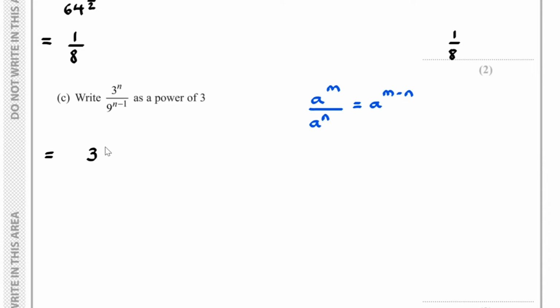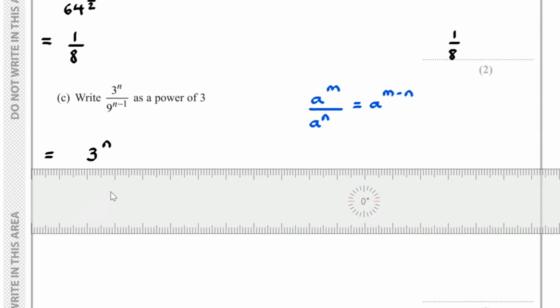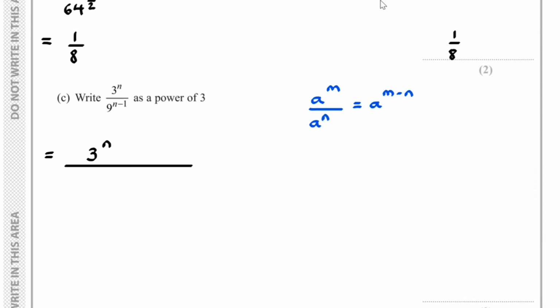Now, if I have 3 to the power of n, then 9 is the same as 3 squared, and then I raise this to the power of n.